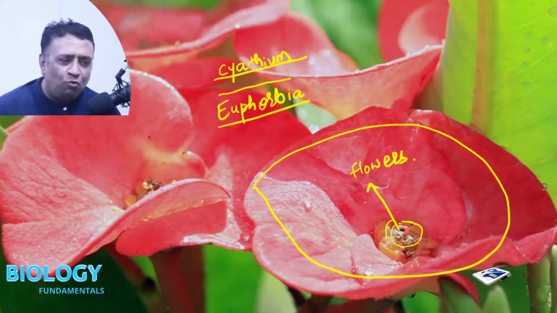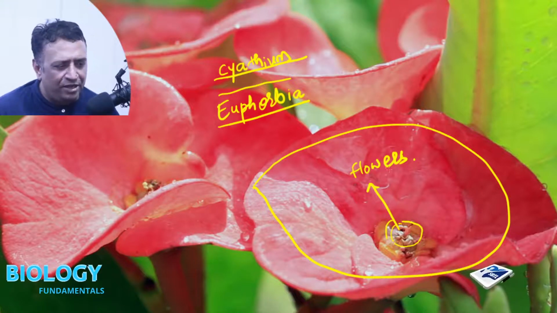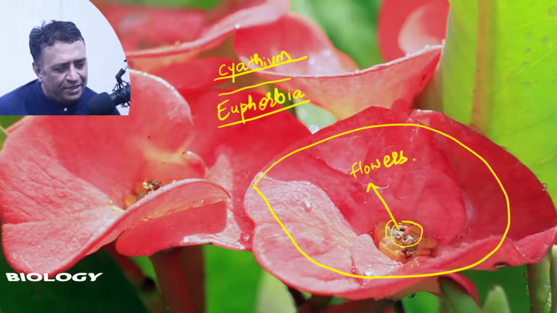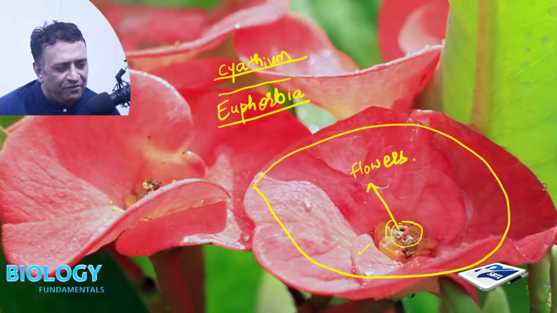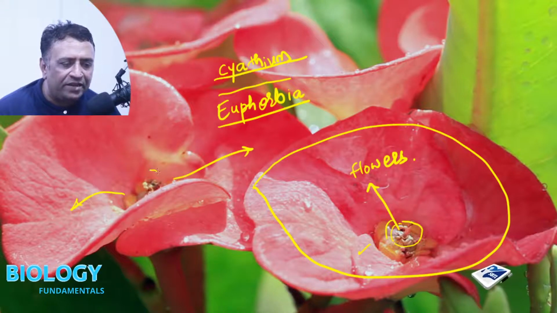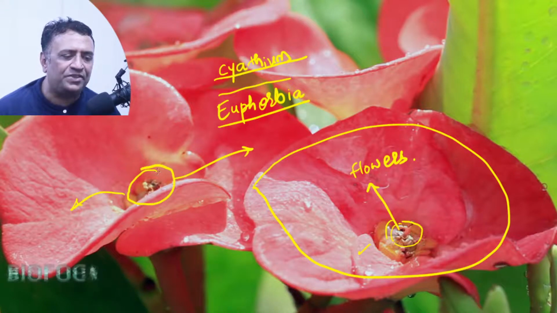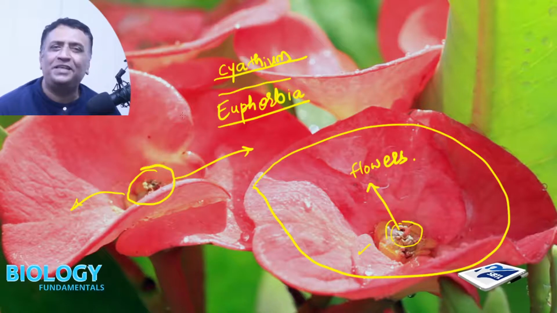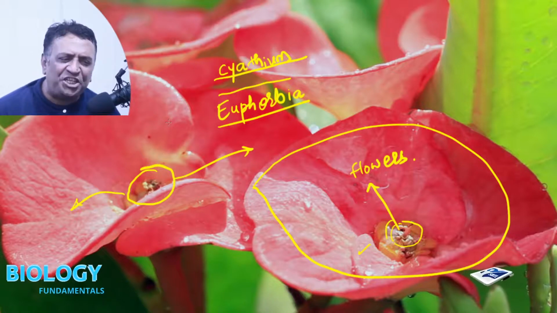While if you watch it very carefully, you can note that these two are leafy appendages, born here around these flowers. So these are bracts. These are fleshy bracts.